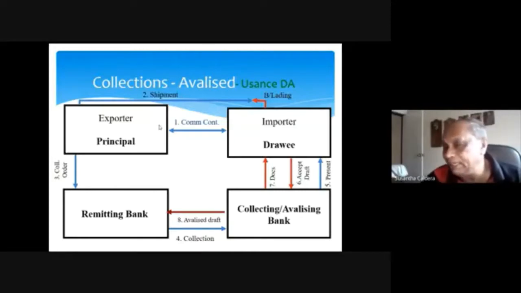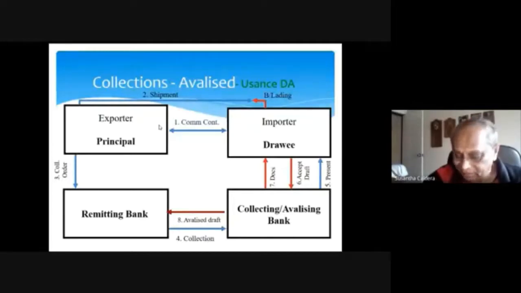Once they accept the draft, the collecting bank, or we call it the avalizing bank, the same bank as the presenting bank, will also put their acceptance on the draft.